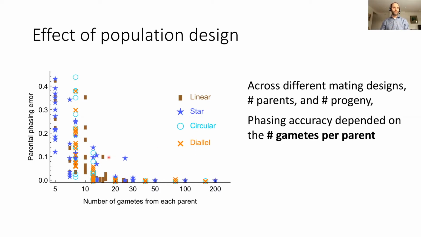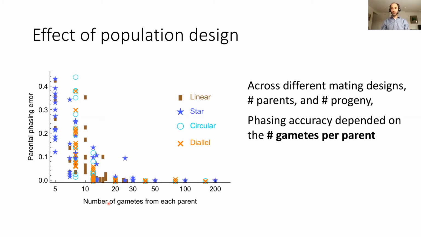Circular, the diallel, regardless of however you do it, you can explain the observed parental phasing error based on this metric here, which is the number of gametes from each parent that are present in the population. As you increase either the number of parents or the number of progeny, as long as you compute this number of gametes and you are over 20 gametes for that particular parent, you can be pretty confident you're going to have a very low phasing error.